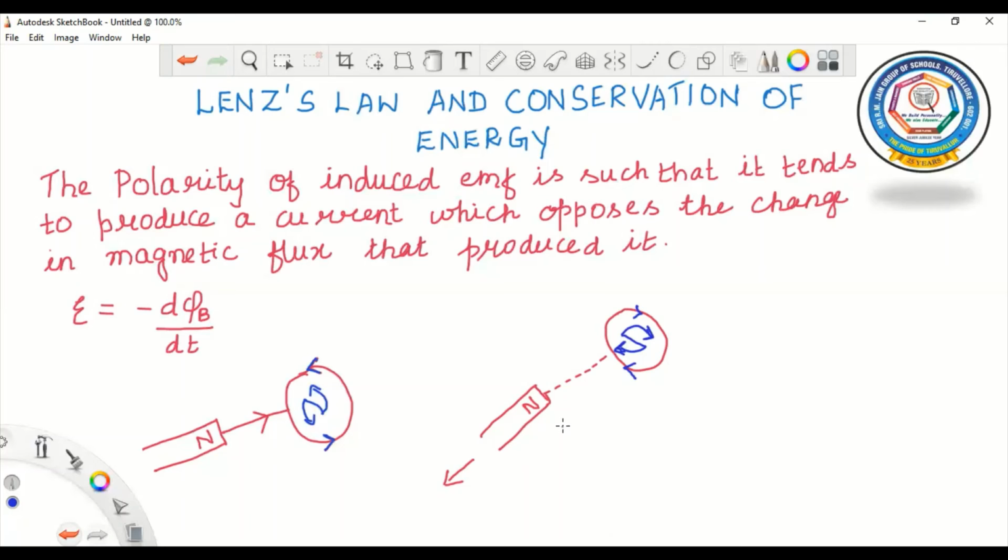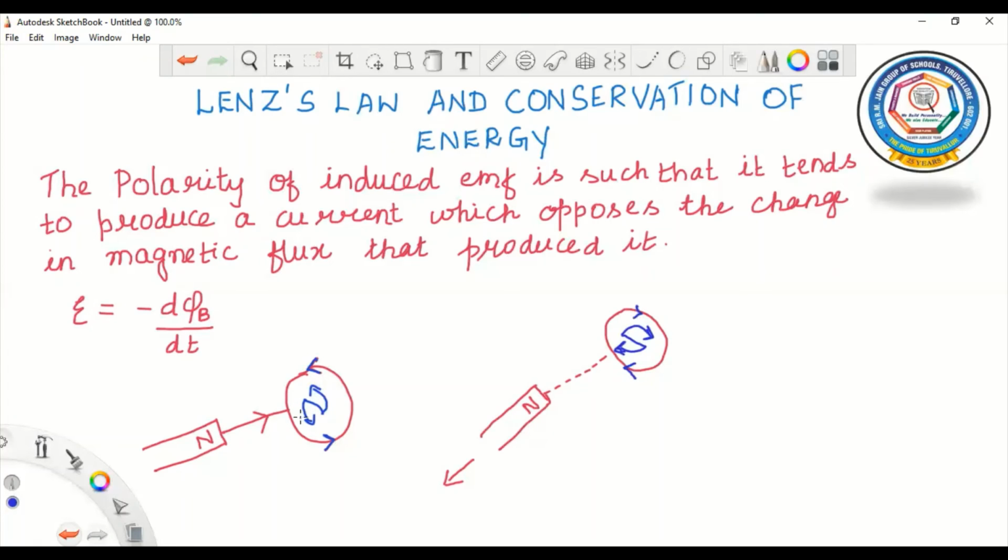Suppose that the induced current was in the direction opposite to the one we depicted here. In that case, the south pole due to the induced current will face the approaching north pole of the magnet. Here you have the north pole of the magnet, and when you bring it towards the coil, this face should act like a north pole.